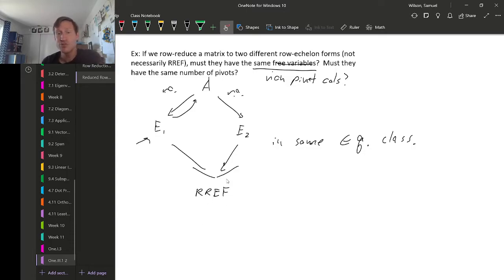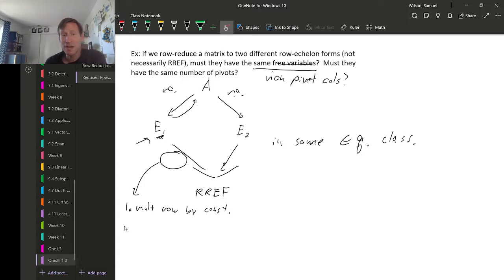Okay? And the reduced row echelon form of all of these matrices will have certain non-pivot columns. But now think about, how do you get from a row echelon form to the reduced row echelon form? So what exactly will these row operations look like? Well, these row operations will take two forms. One is we might multiply a row by a constant.